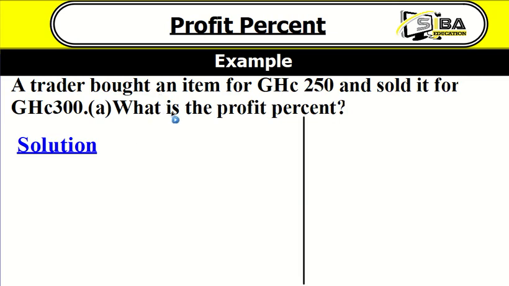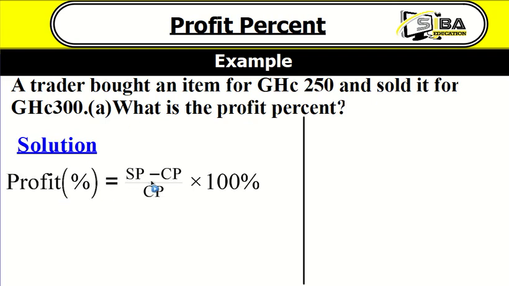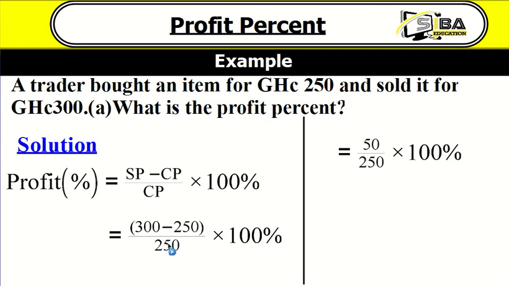The same question, let's find the profit percent. Profit percent is the selling price minus the cost price divided by the cost price times 100%. Here, the selling price was 300 and the cost price was 250, out of the cost price, which is 250, times 100. Let's do the subtraction. The difference between 300 and 250 is 50, out of 250, times 100.